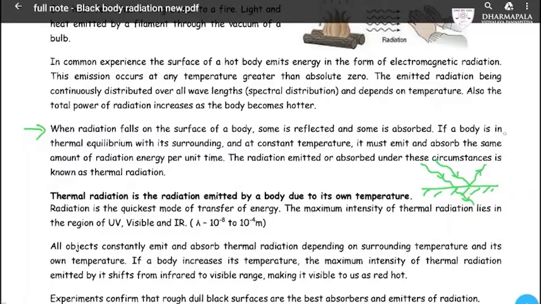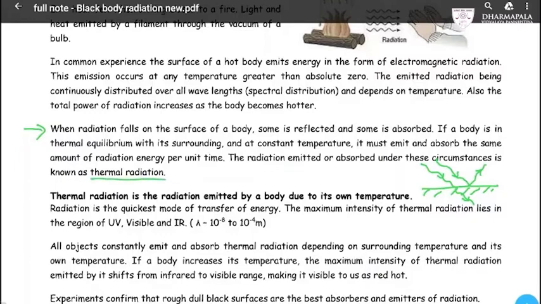If a body is in thermal equilibrium with its surroundings and at constant temperature, it must emit and absorb the same amount of radiation energy per unit time. The radiation emitted or absorbed under these circumstances is known as thermal radiation.